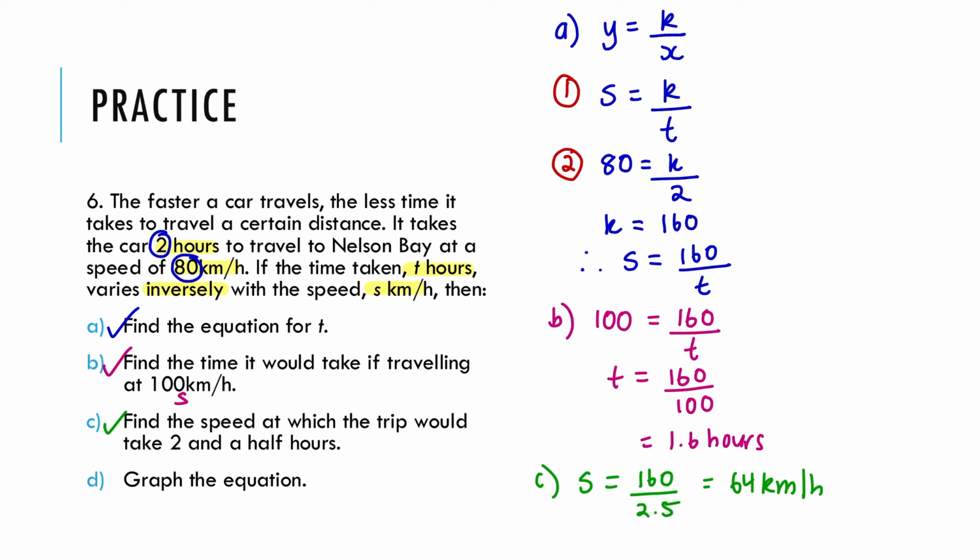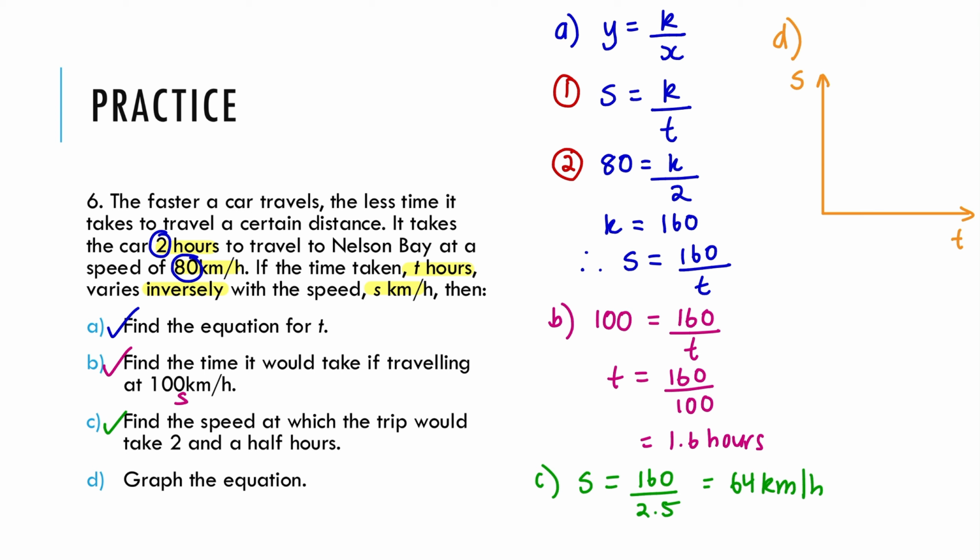Finally, my last question wants me to graph the equation. Remember that these inverse variations are in the shape of a hyperbola, and they are in the positive quadrant, which is our first quadrant, to the top right of the Cartesian plane. So I'm going to have my speed along my y-axis and my time along my x-axis.